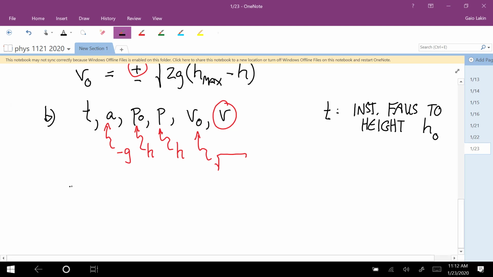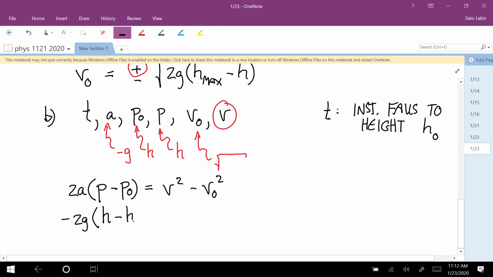So again, I can use this equation that says 2a times the quantity p minus p0 is equal to v squared minus v0 squared. And so we get negative 2g times the quantity, well, these are both h. And so this is equal to v squared minus v0 squared.